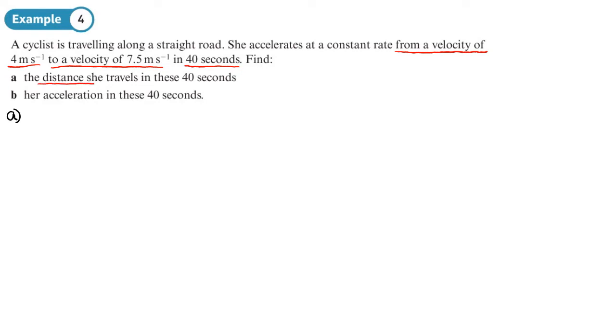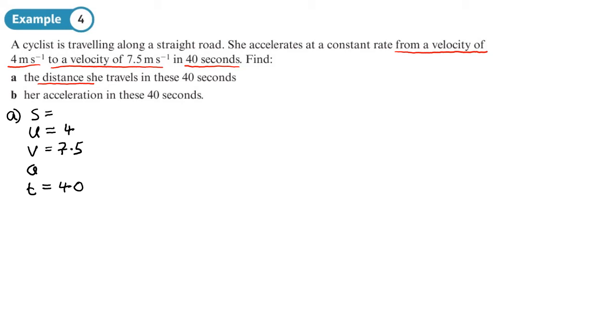Now the way that we tackle these questions, or I do them, I write out the letters SUVAT and I see which of these I know. So from a velocity of 4, so our initial velocity is 4, to a velocity of 7.5, so she finished at a velocity of 7.5, and that took 40 seconds, so the time is 40 seconds, and we want to work out the distance she travels in those 40 seconds.